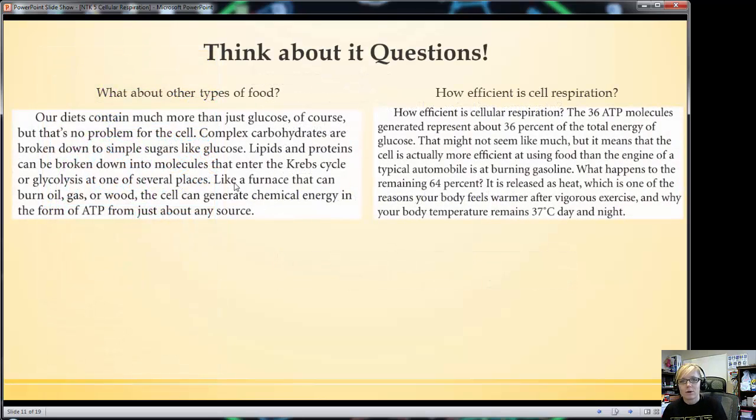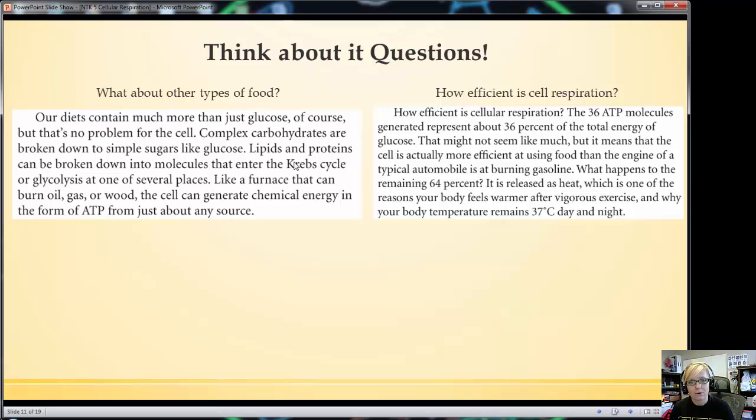Okay, here's some think about it questions to make this a little bit more relatable to real life. You know that your cells are doing this process constantly, but you might be thinking, what about other types of food? Like we said, we just typically talk about glucose in that reaction, but of course we're eating other things besides just sugars.